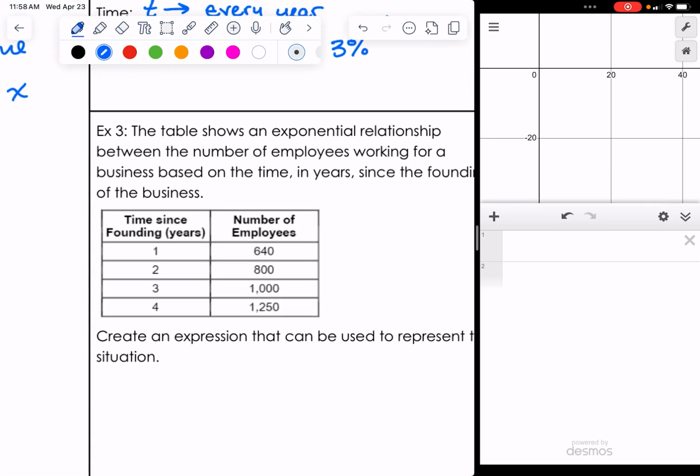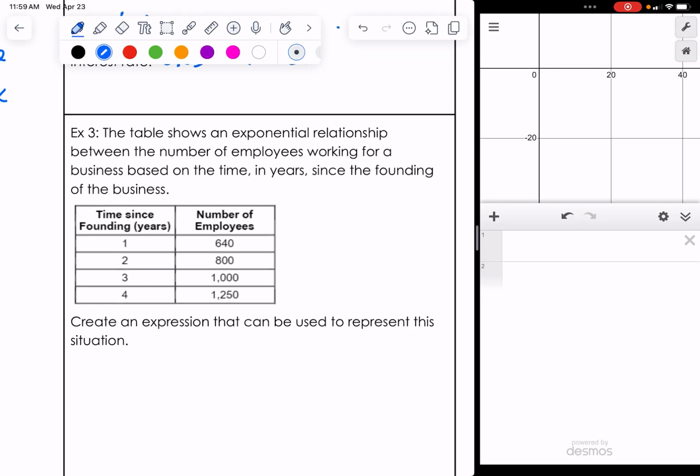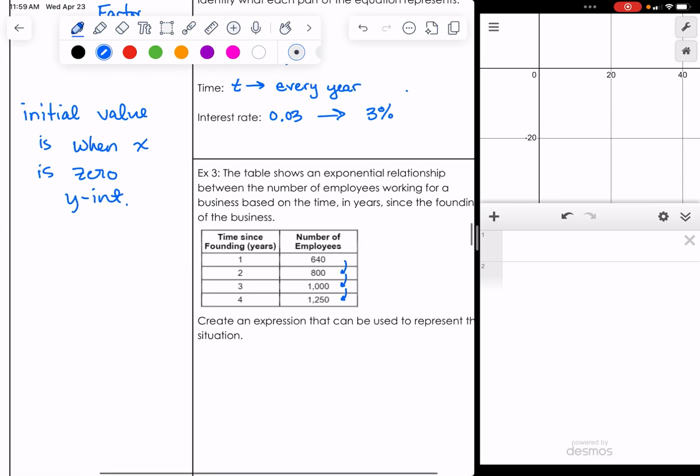So if we look at this table, we can see that we do not have the y-intercept here. We do not know what the initial value is, but we do see how it is changing from term to term, and we can identify that factor. We can find b by taking any term and dividing it by its previous term.